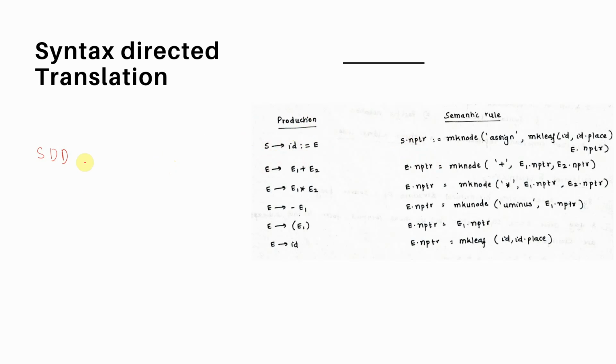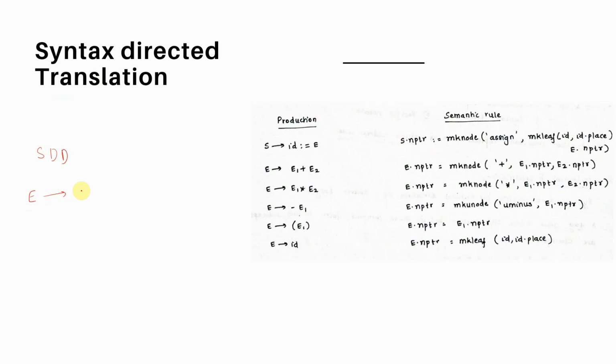Okay, there is one more term called syntax directed translation: context free grammar along with some actions and semantic rules attached to the productions. Let me give you one simple example here.